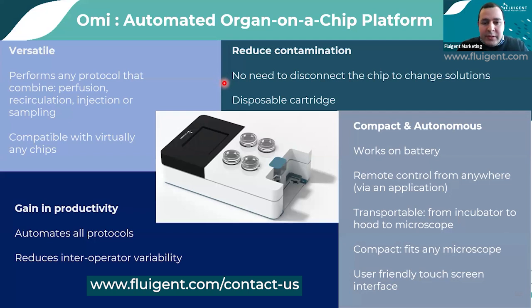To provide these advantages, you will need a microfluidic system that is able to guarantee them, and the OMI will have the versatility, reduced contamination, a gain in productivity with the automation, and reduced interoperator variability. Plus, it is compact and autonomous.